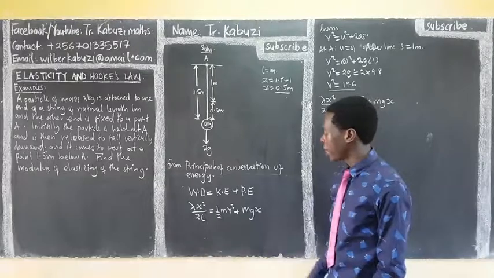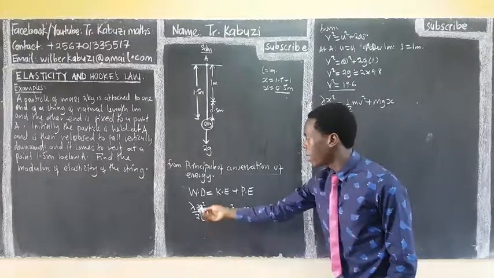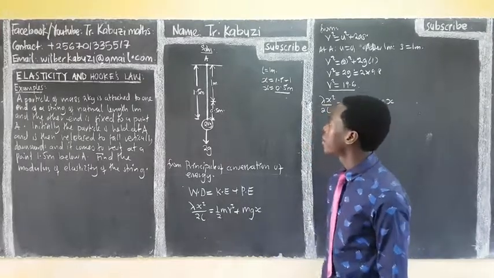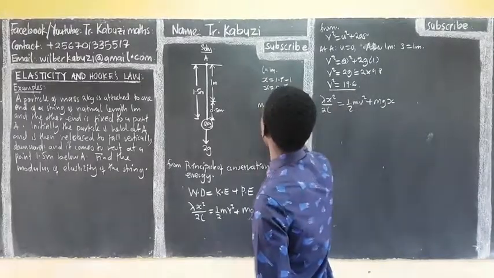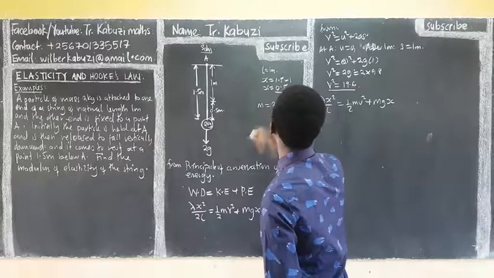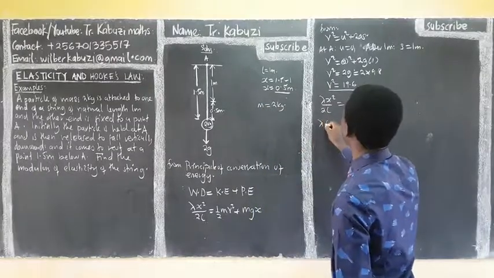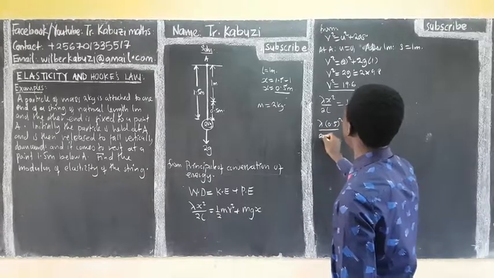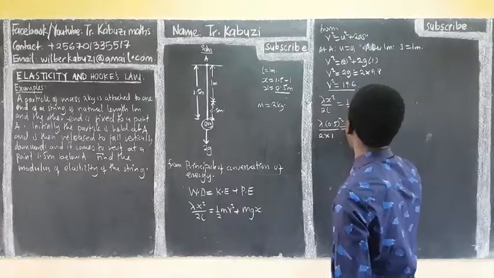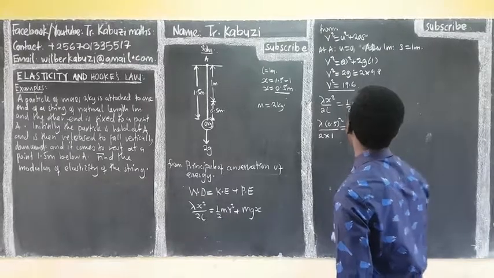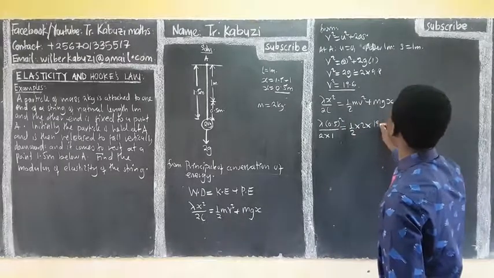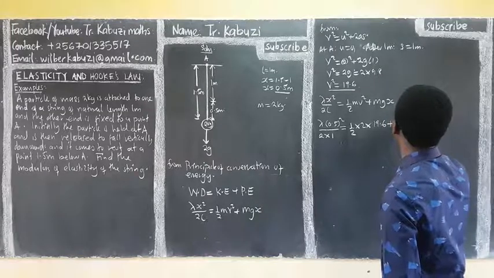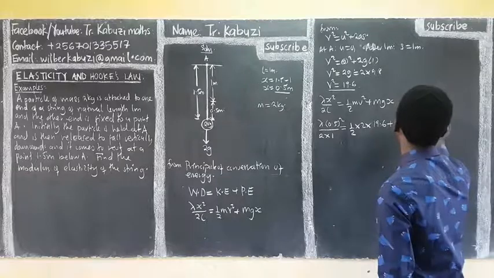We have x, we have v squared, we have m, so everything is okay now. Our m is 2 kilograms. So lambda times 0.5 squared over 2 times 1 is a half times 2 times 19.6, plus 2 times 9.8 times 0.5.